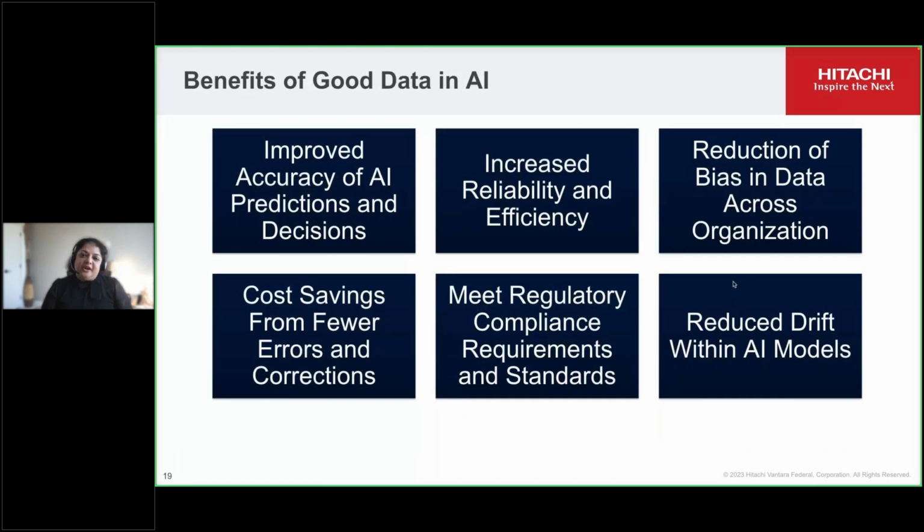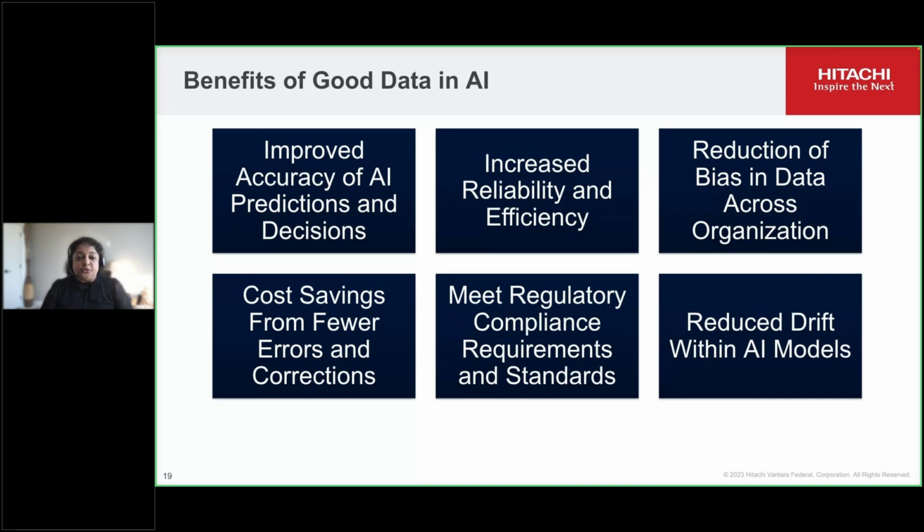And I just want to end off with talking about the benefits of good data in AI, and AI means large language models as well, since that's the focus of this discussion today. You're not just increasing the accuracy of your AI predictions and decisions, you're increasing the reliability. There is less bias.